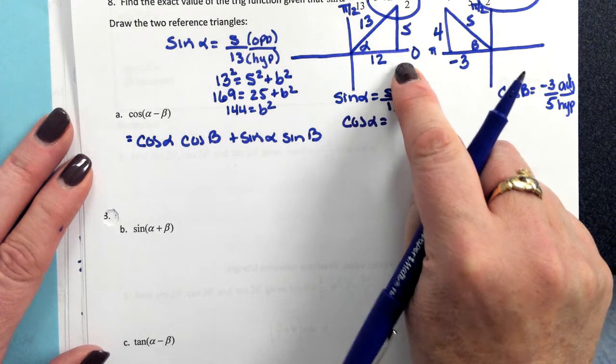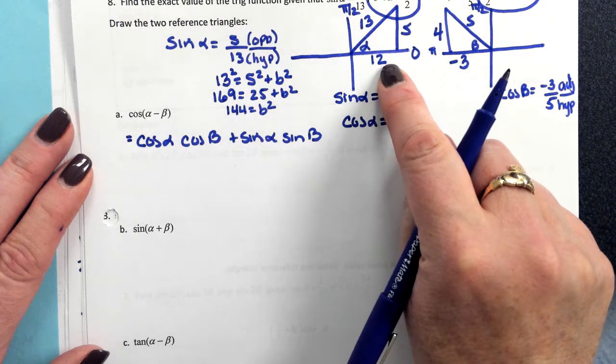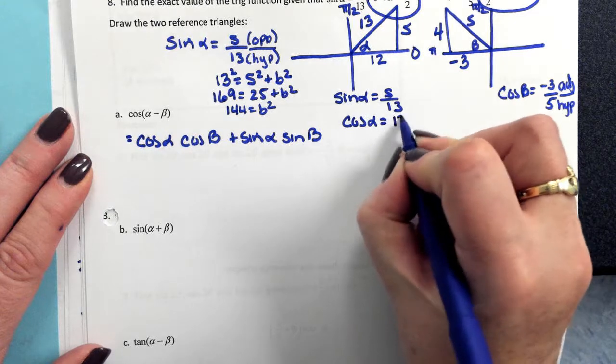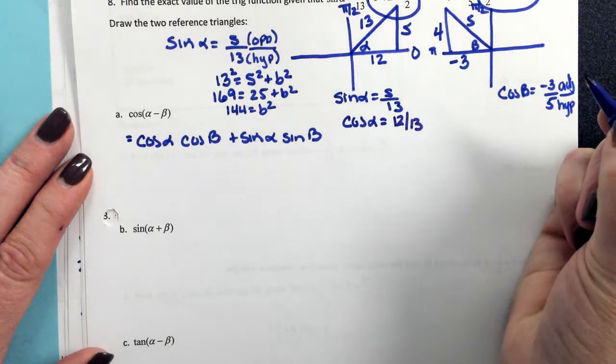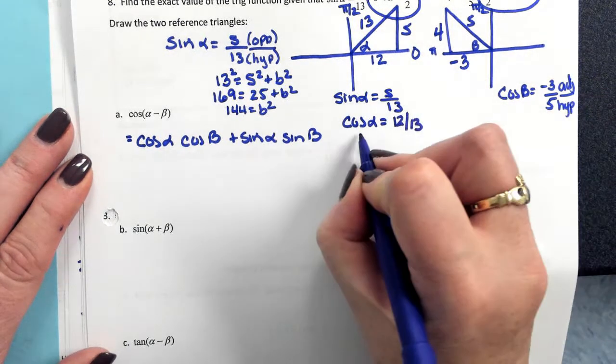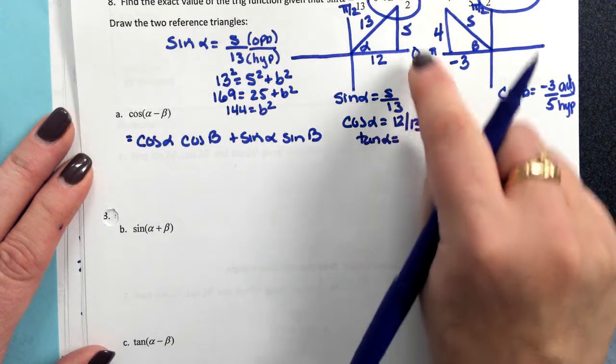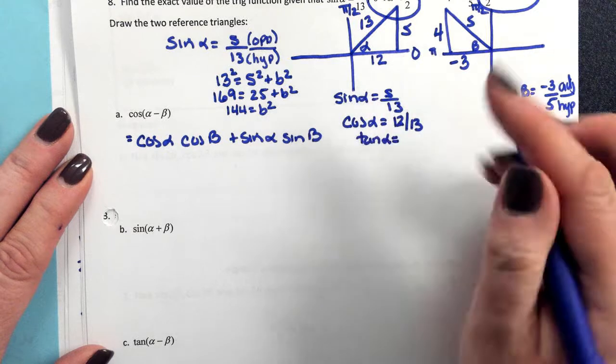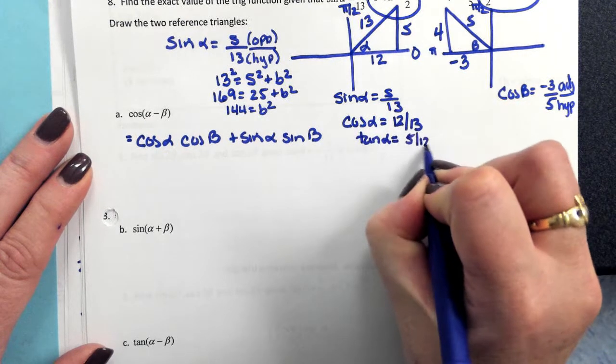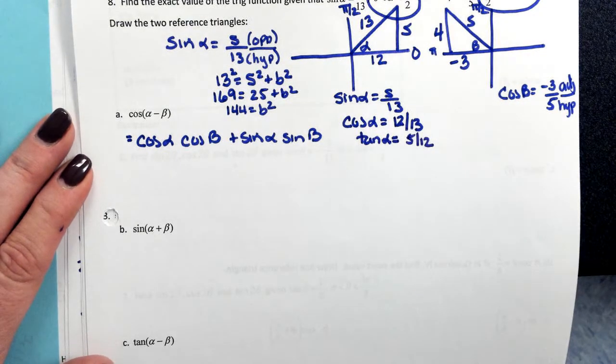Well, cosine is the adjacent over the hypotenuse, correct? So it's going to be your 12 over 13. Tangent, remember by your SOHCAHTOA, is the opposite over the adjacent. So that's going to be 5 over 12. So what I do is I set up the 3 ratios from each of the triangles before I start substituting into the formula.